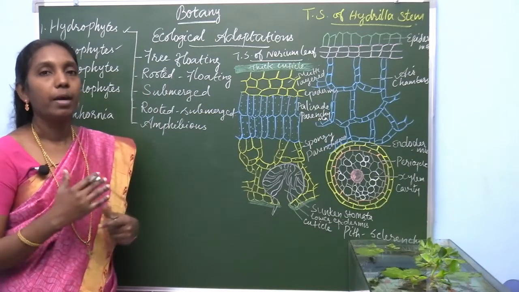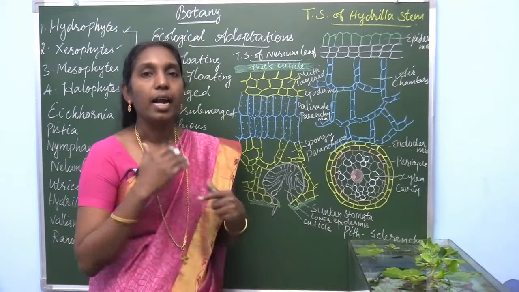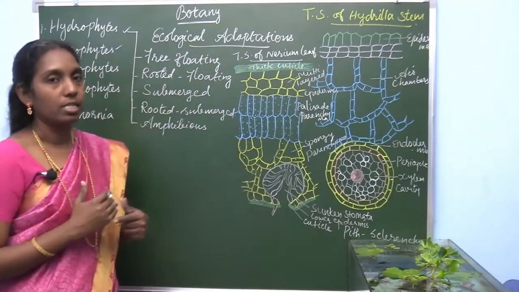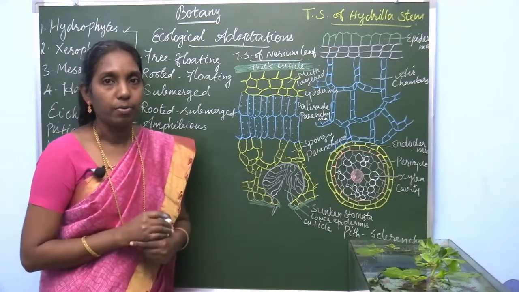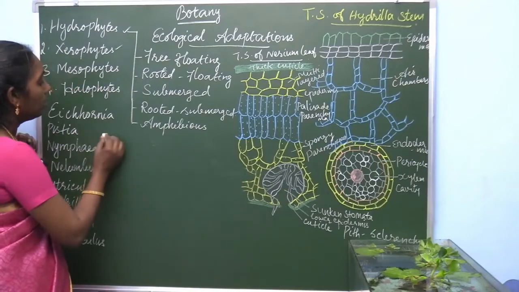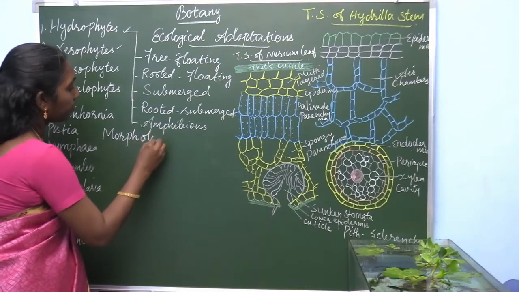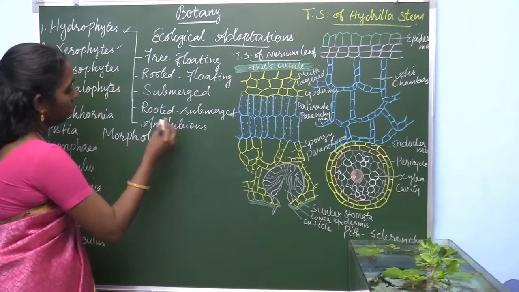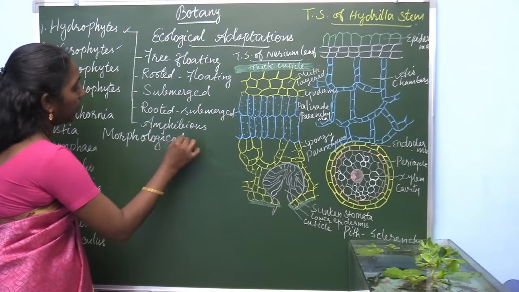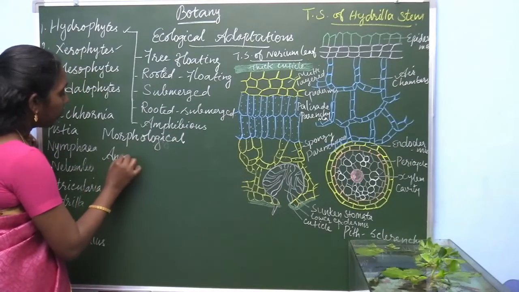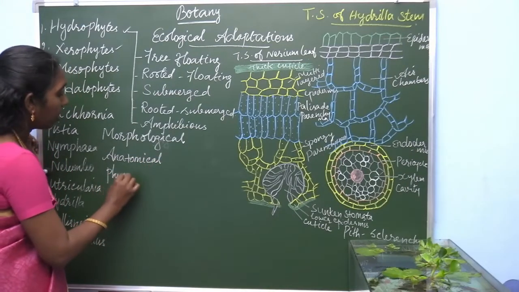Now, the adaptations. How the plant's body, or parts of the plant, are adapted to its environment to live successfully. There are three different forms of adaptation you are going to learn: morphological adaptation, anatomical adaptation, and physiological adaptation.